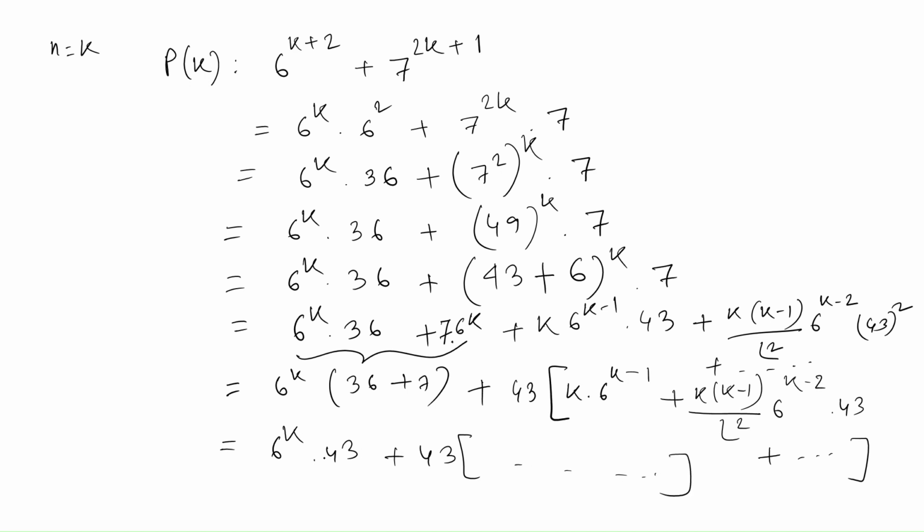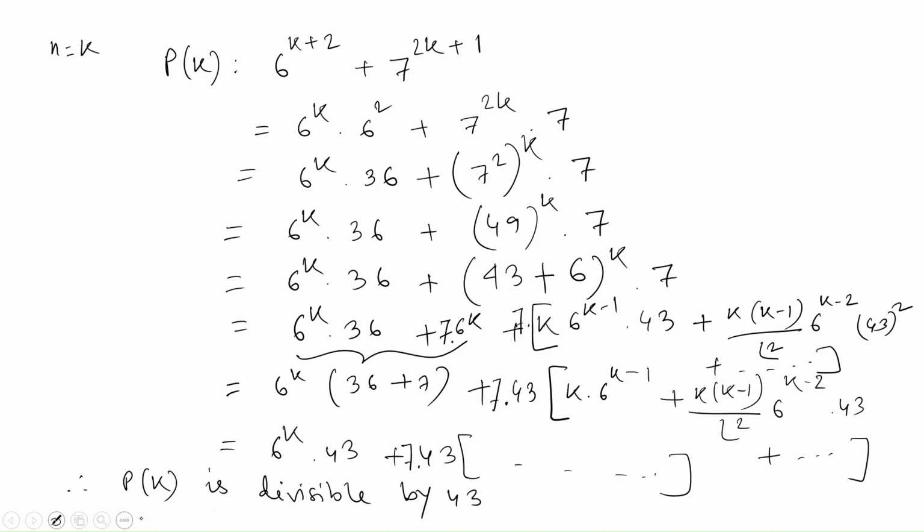Both the terms contain 43, therefore Pk is divisible by 43. Here we forgot to write one 7. This 7 is multiplied with all of these terms, but the result is the same, Pk is divisible by 43.